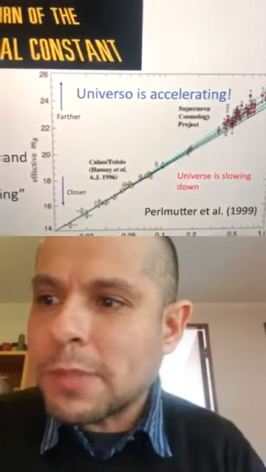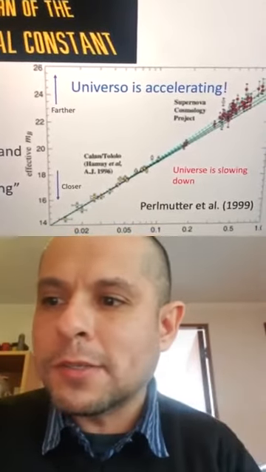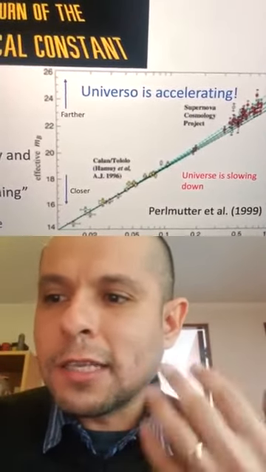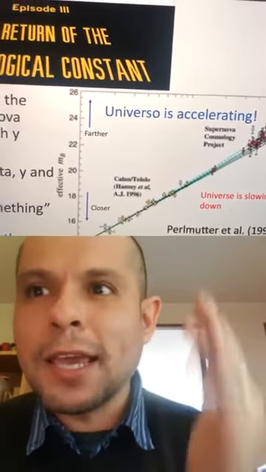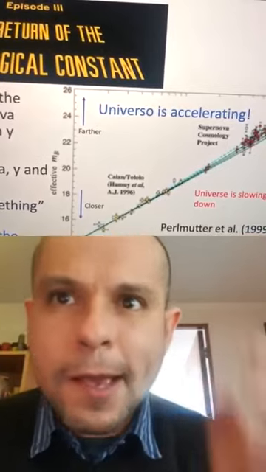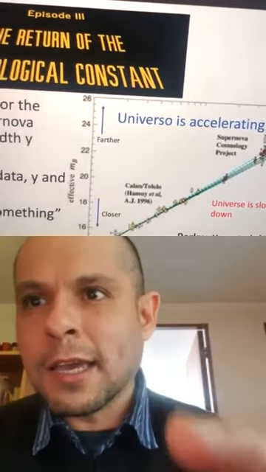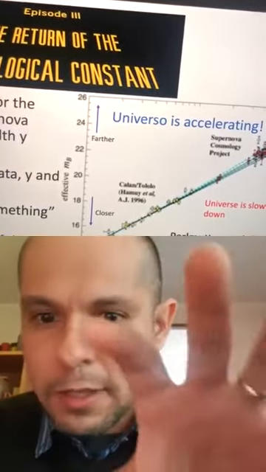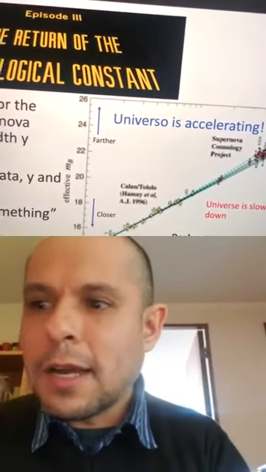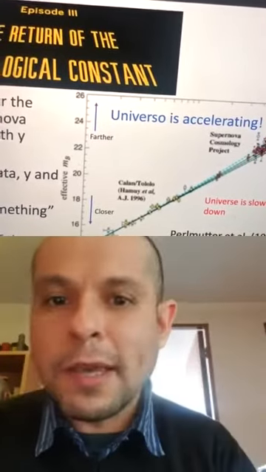That means there is something that is making the universe accelerate. And this was the return of the cosmological constant. They said, okay, let's put back the cosmological constant that Einstein proposed in 1917. This is now the year 2000. And if they do that, they can explain this.